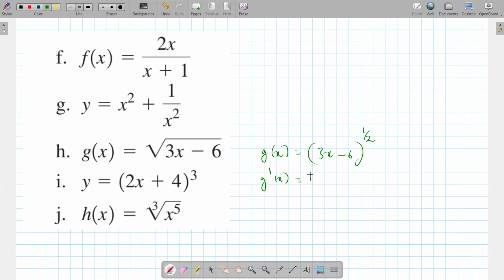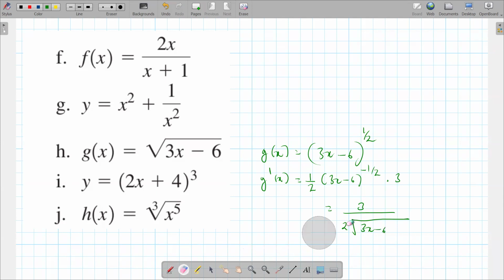So 1 over 2 comes down, and you take 1 away, so minus 1 over 2. What do we multiply this by? By 3. So it'll be 3 over 2 square root of 3x minus 6.